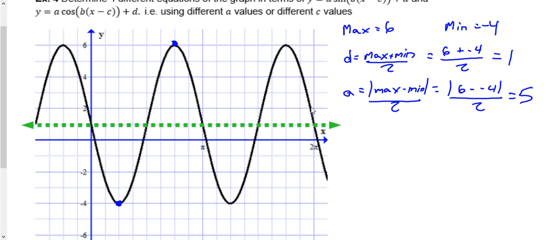Period. Well, when is one full cycle? Just try your best to spot a full cycle, so either you can go from bottom to bottom, top to top, or a sine curve which is starting midway, so it starts here, going all the way up, down, down, and all the way up. But all you need to do is fill in, well, what is all of these other coordinates? So it's missing.